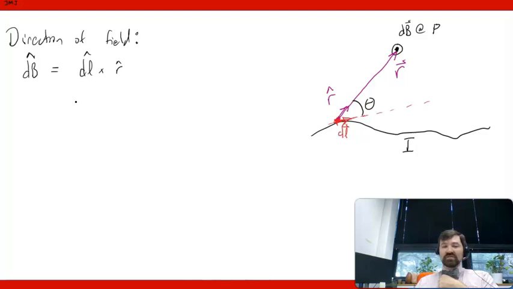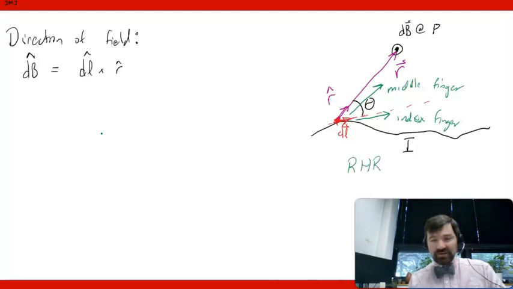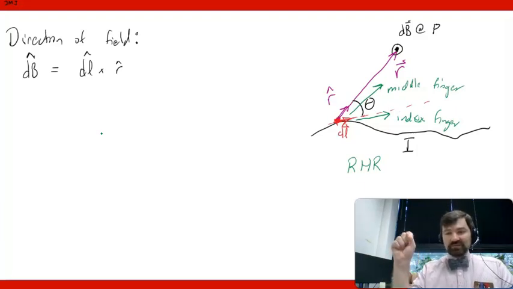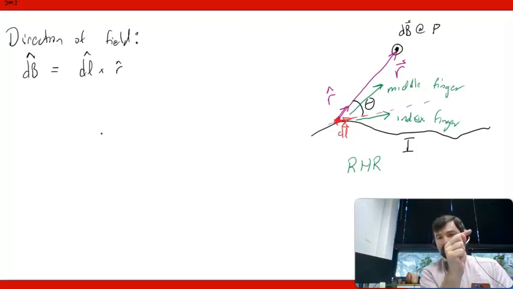Your other option is to use what's called the right-hand rule. To use the right-hand rule, I've drawn on here two sets of green vectors, and I'm going to label that RHR for right-hand rule. You take your right hand and point your index finger until it points in the same direction as the vector that represents your dl. So dl gives you the index finger.